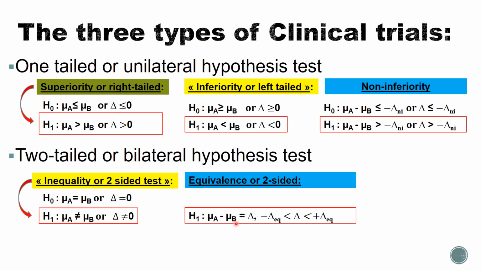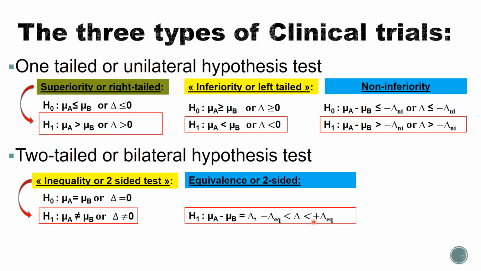Worse than the existing treatment to some extent. And at the same time, the treatment A should not also be more efficient or superior than the existing treatment, or in other words, the standard treatment to a certain extent.